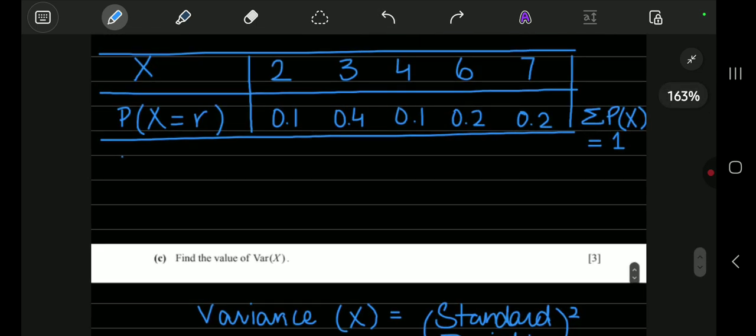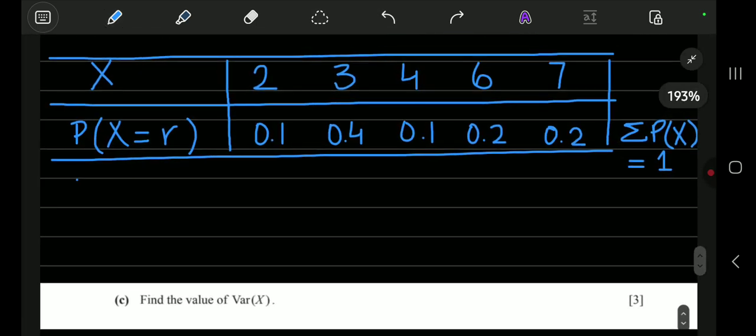So first we'll make one column for x dot p of x.